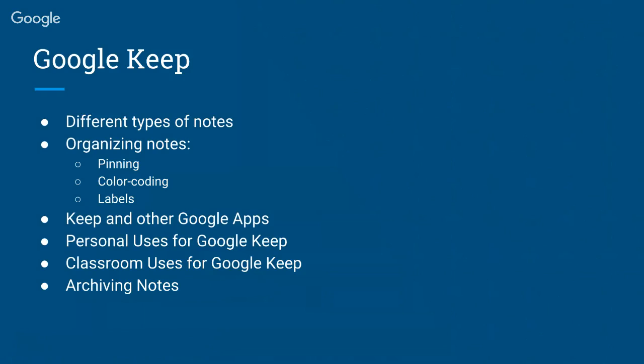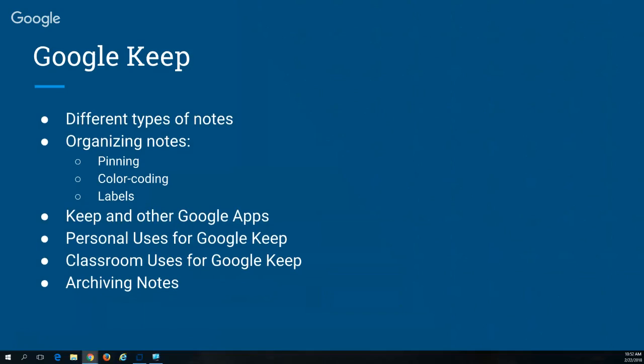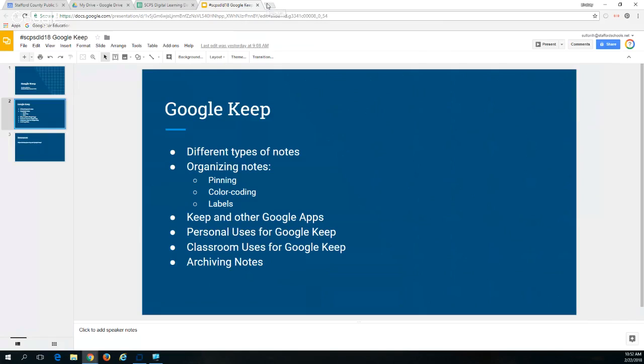Then I'll talk about how you can use the archive feature in Google Keep to save and hide some of the things you may be working on and don't need until later.